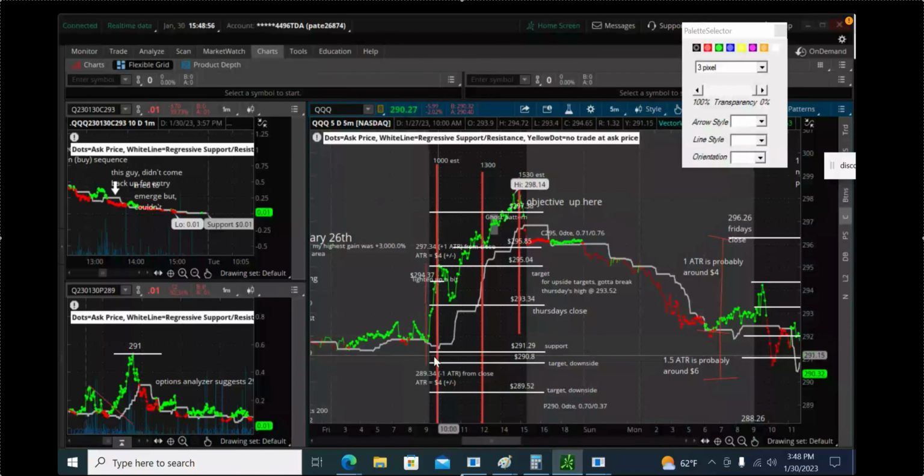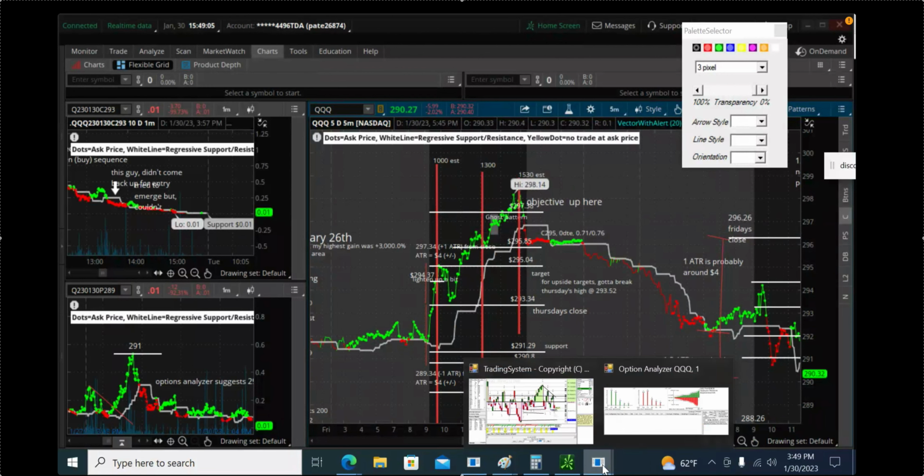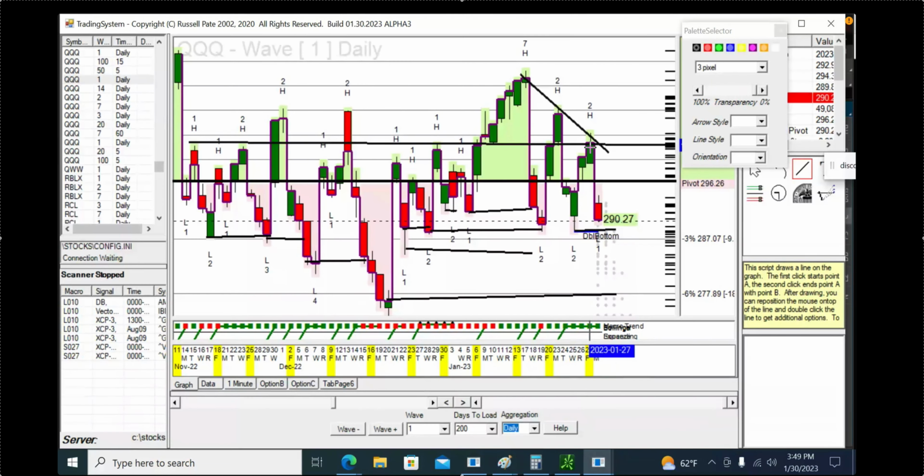We started off down here and ran up there, and I held most of my calls all the way up to here, because I was coming over here, clicking on it, and seeing minor resistance, some little imprints here. I bet we could break those, and I didn't think we'd have any trouble until we start hitting this thick black stuff.